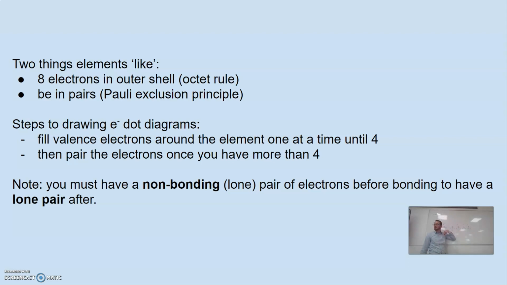Make sense? Yeah? This is important because it will help reduce the number of mistakes when we come to identifying the shape of a molecule. So we split this into unpaired and, we've got a non-bonding pair, right? And these will form what's called bonding pairs.